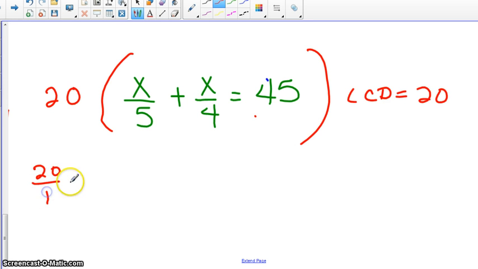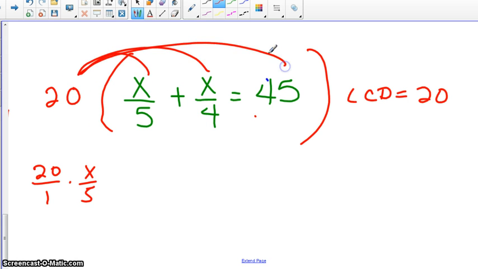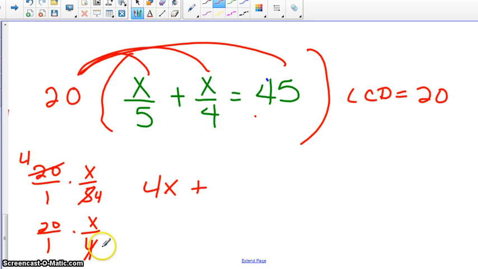When I do 20 over 1 times x over 5, okay, we're going to do all of it. Alright, doing both sides of an equation. This should simplify if it's a true LCD, and I'm going to get 4x. Okay, if I do 20 over 1 times x over 4, this is going to simplify. This should be 1, sorry. And this should be 5, and so I'm going to get 5x.